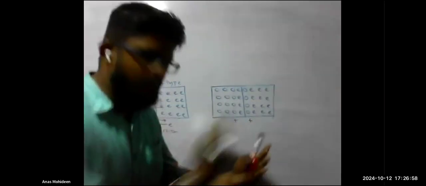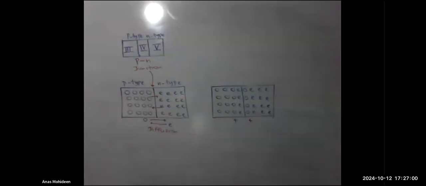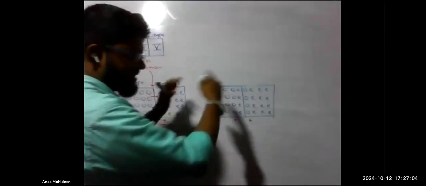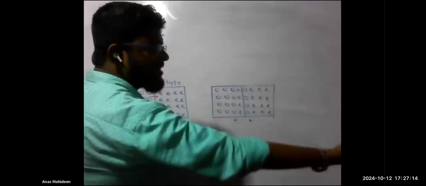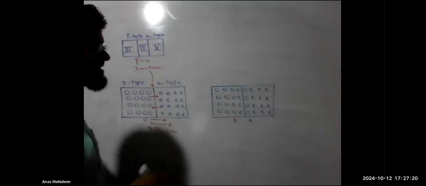Can positive move to the same side? Can't, right? First row of positive have gone. One reason, concentration difference. The other reason, the attraction towards the negative. And when the second column of positive try to go, they can't move because the other side has already gone. Positive ones are repelling them, not attracting them. Since there is a repulsion, the second column of positive can't go there.